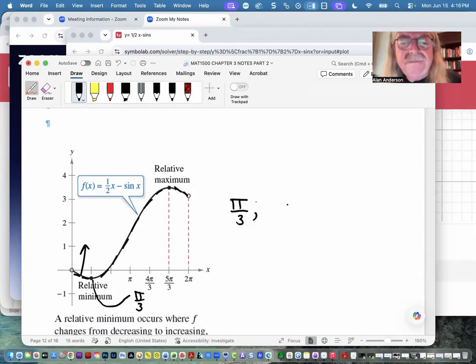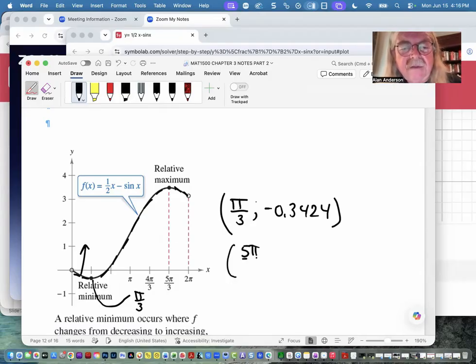Okay, well, that's our relative minimum, and the relative maximum is approximately 1 point.